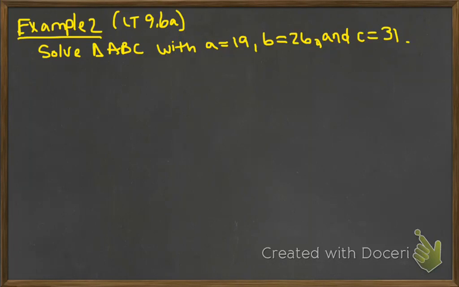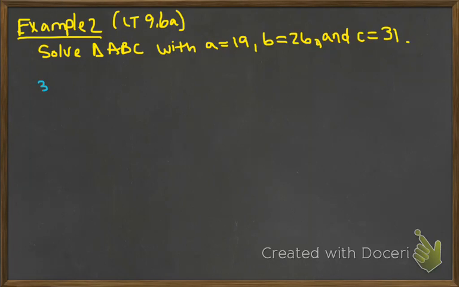So when looking at this, I know that my largest angle is going to be angle C because it's always going to be the angle that is across from the biggest side, and my biggest side is C with a length of 31. So I know I need to find that angle C first.